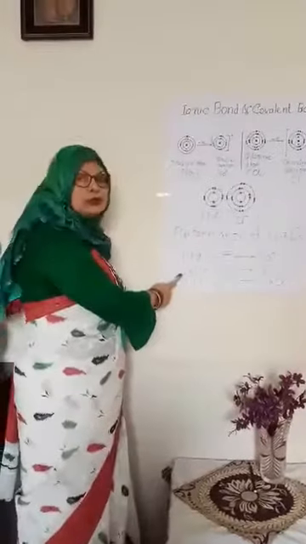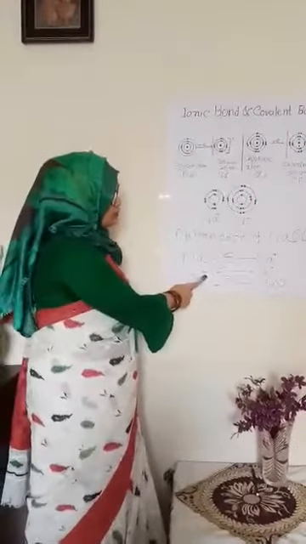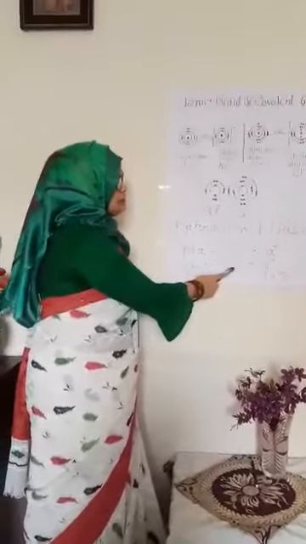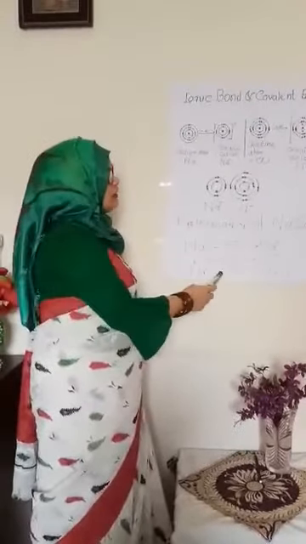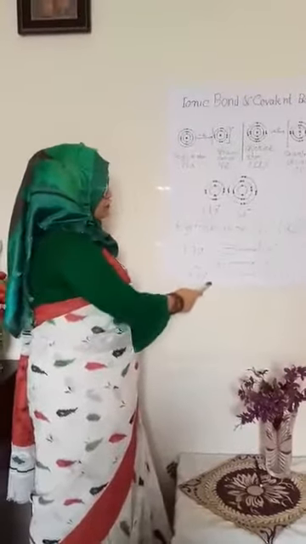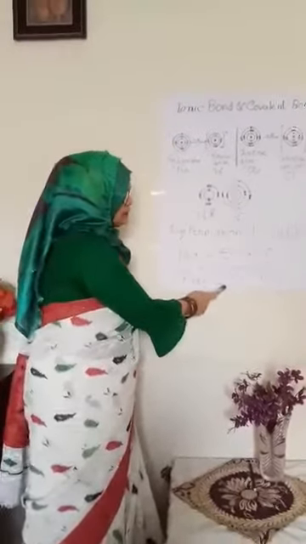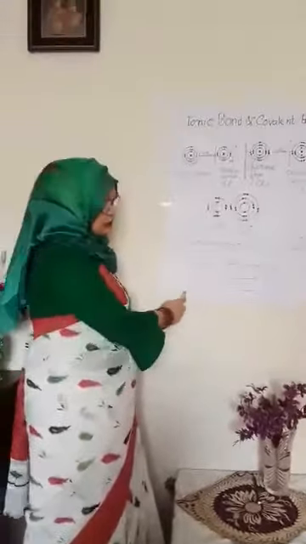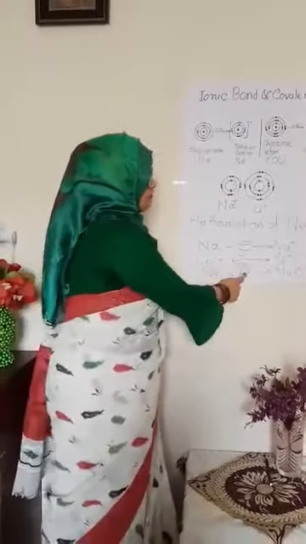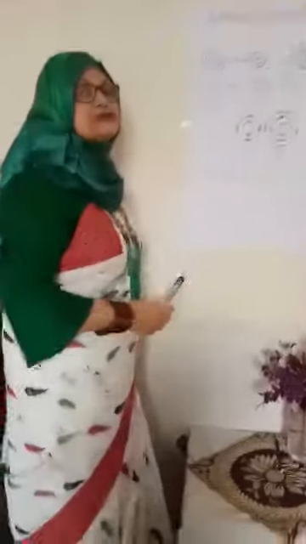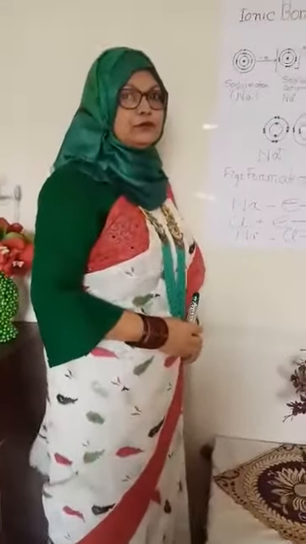On the other hand, chlorine atom gains 1 electron. That means it gains negative charge. Electron means negative charge, and when this positive sodium and negative chloride come close together, they form sodium chloride, and this is the ionic compound.